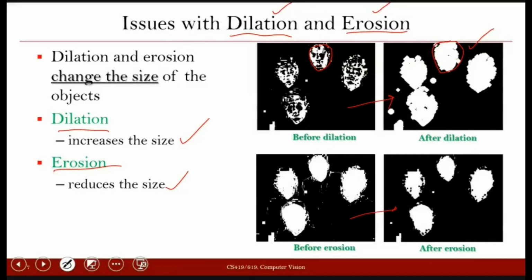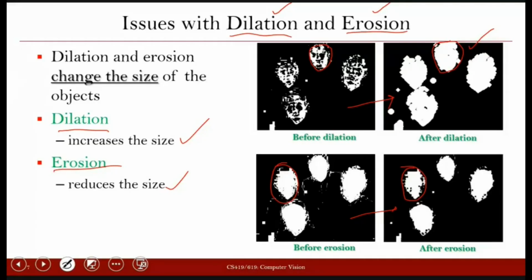Let's say we are performing erosion on this object; the size of this object has gone down if you compare it with the output. So in the case of dilation we are increasing the size of the foreground object, and in the case of erosion the process is decreasing the size of the foreground object.